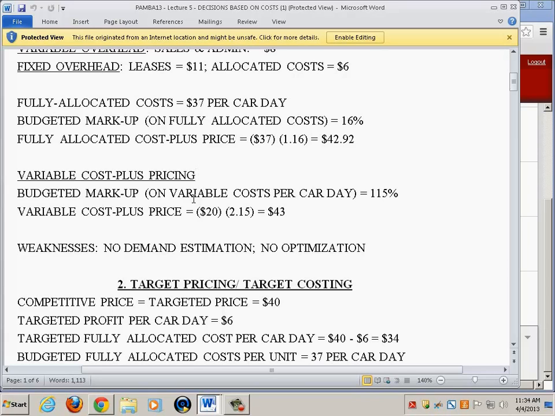The other weakness is that, of course, without considering demand, we don't optimize. We cannot decide what is the price that we can charge and how many car days we have to sell, say, if we want to maximize profits. We're not going to get an answer to this question using the fully allocated cost plus model for pricing.